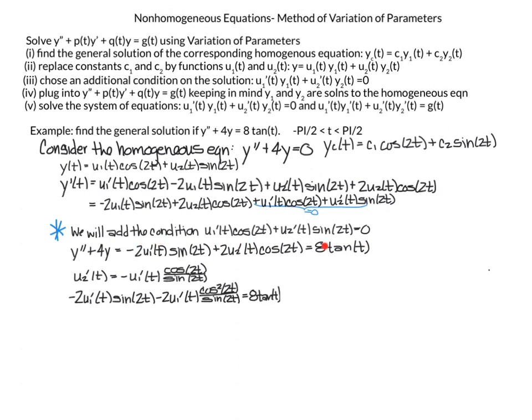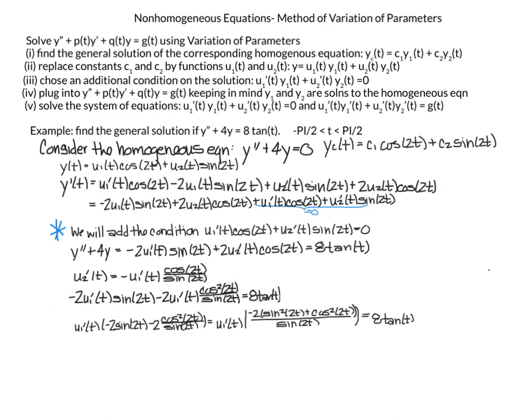And now we can rewrite this equation here, substituting for u2 prime our u2 prime solved in terms of u1 prime. So what we'll end up with is minus 2u1 prime sine of 2t, and then substituting u2, we get minus 2u1 prime cosine 2t sine of t, and this cosine squared came because we need to multiply by another cosine 2t term, and that will all equal 8 tangent of t.